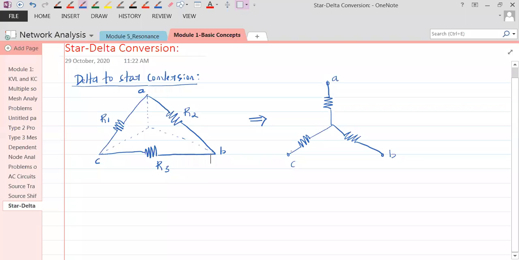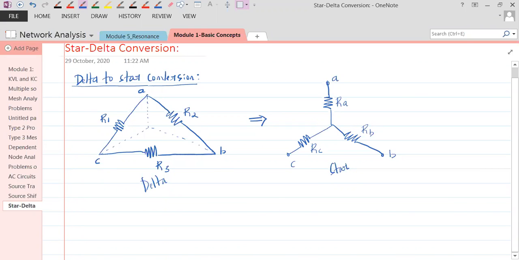So the resistor coming from point A is referred to as RA. From point B, the resistor is referred to as RB, and this obviously is RC. So this is delta, and this is star.